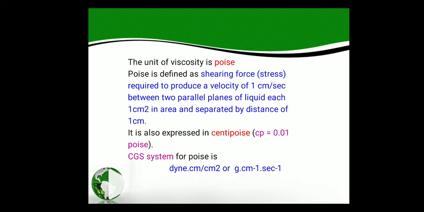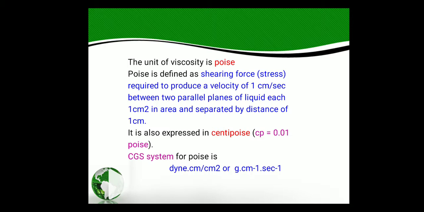That is, the unit of viscosity is poise. Actually, it is the CGS unit of viscosity. The SI unit of viscosity is Pascal second, but majorly viscosity is measured in poise. So the definition of poise is: it is the shearing force required to produce a velocity of 1 centimeter per second between two parallel planes of liquid, each 1 centimeter square in area and separated by a distance of 1 centimeter.